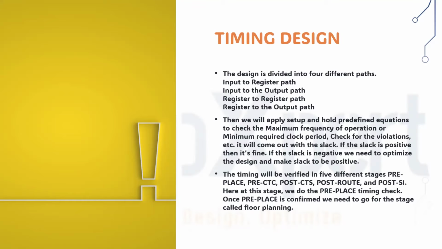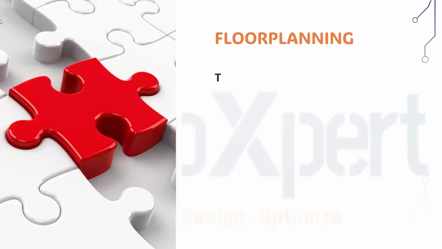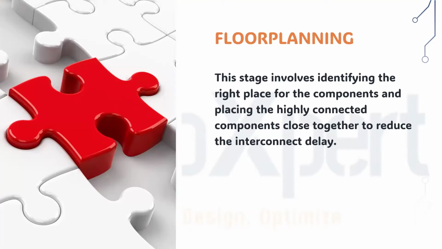There are different stages in physical design, basically the layout: pre-place, pre-CTS, post-CTS, post-route, which we'll see in detail. First, we come to floor planning. What is floor planning?